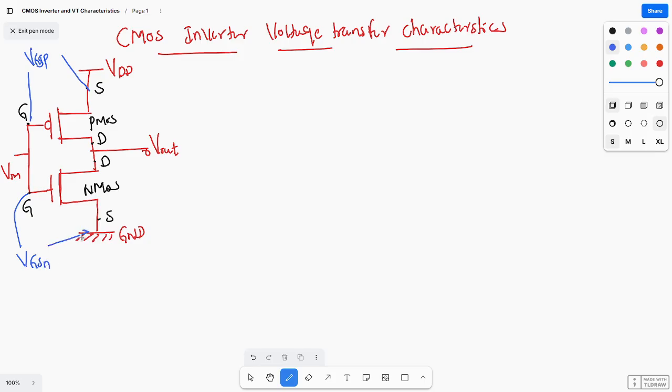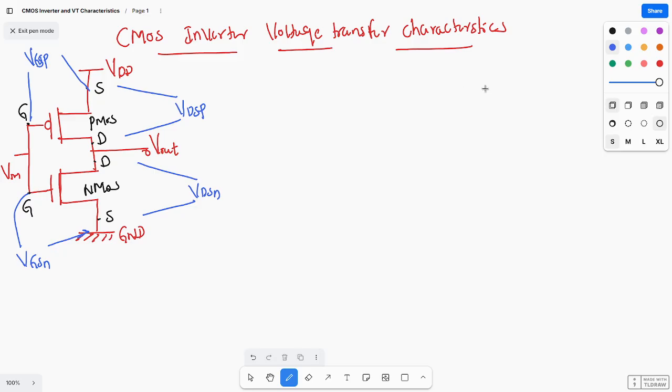VGSN is nothing but the gate to source voltage of NMOS. Okay, and if you consider this one, this is VDSP, the drain to source voltage of PMOS. And if you consider this one, it is the drain to source voltage of NMOS.